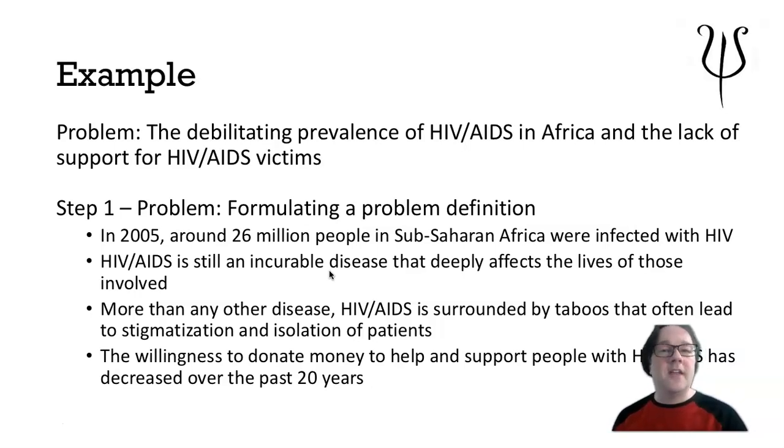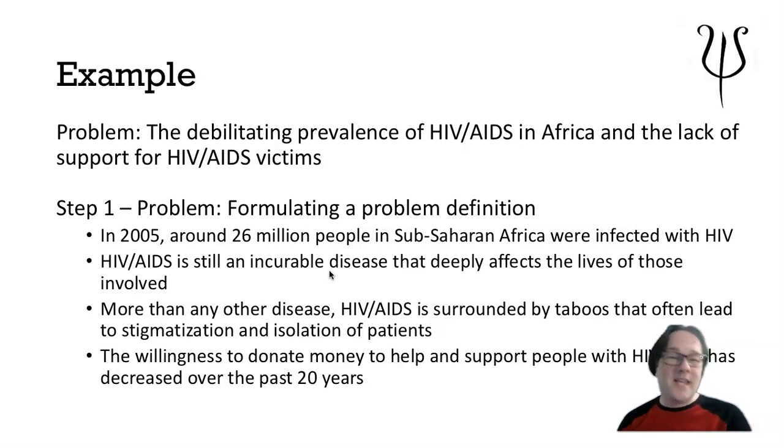It's still an incurable disease. And of course, there are treatments now that can vastly extend people's lives and vastly improve their quality of life. But people with HIV/AIDS still, even with the medications today, have on average lower lifespans, and they're more susceptible to a host of opportunistic infections.